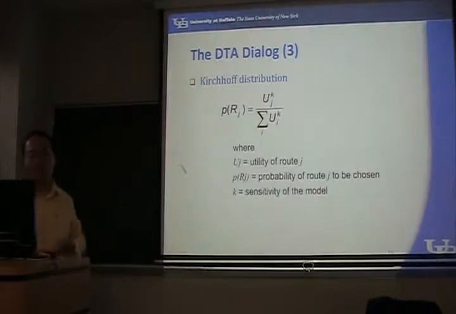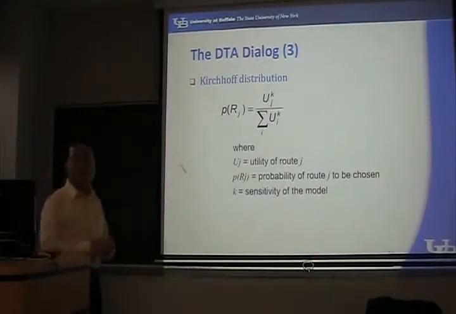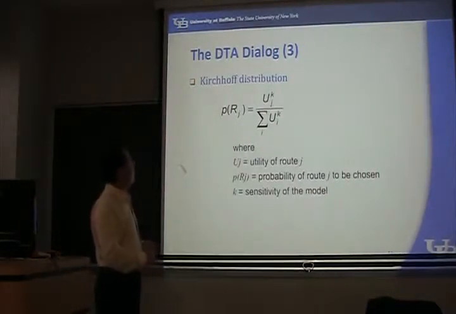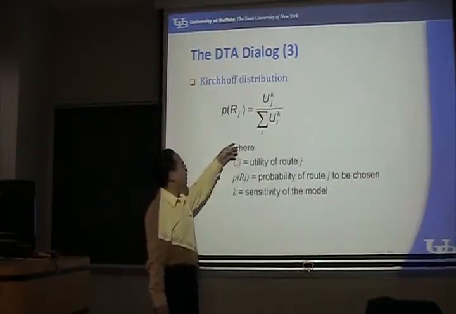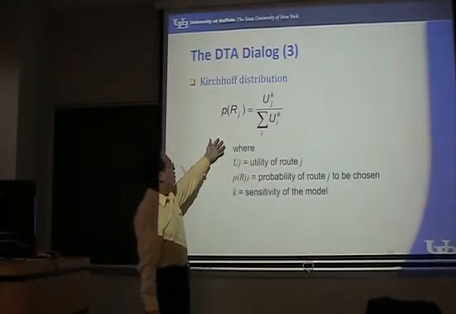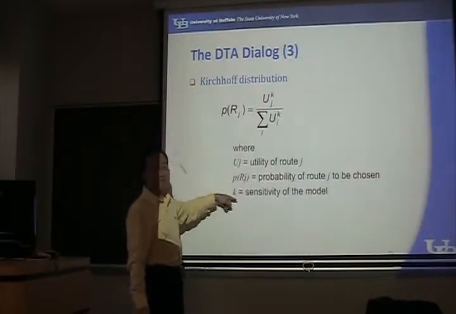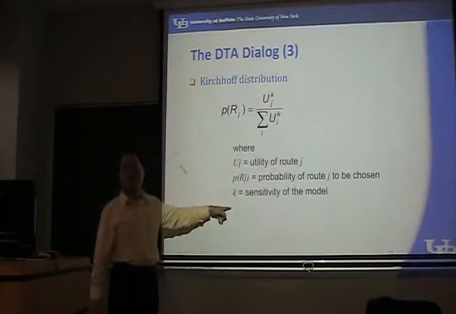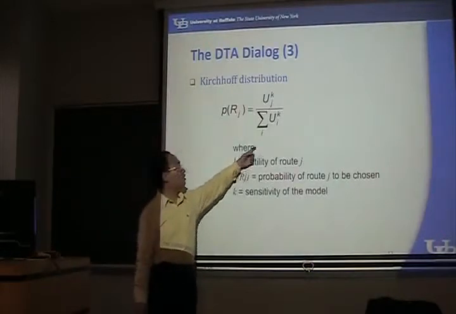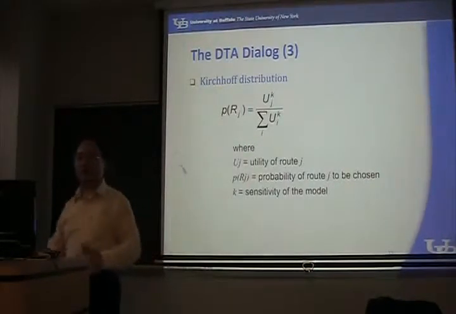So they use another distribution called Kirchhoff distribution. And this is another form. So the probability is equal to utility to the power of this sensitivity factor, which you can specify, divided by the sum of it.